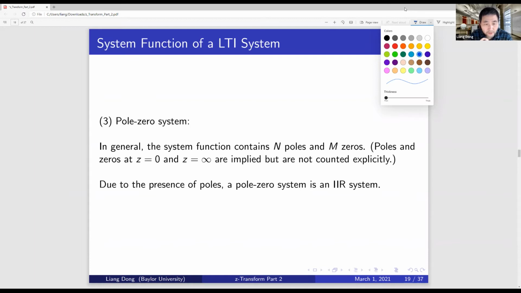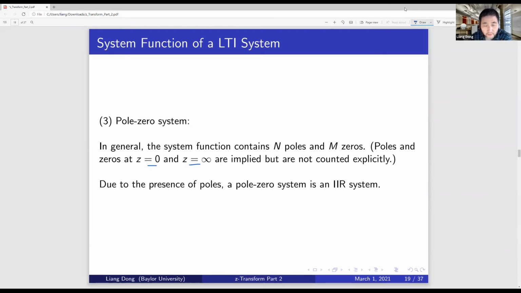Mathematically, I should have exactly the same number of poles and zeros. But I usually don't count the trivial poles and zeros at infinity. Infinity is also one point in the complex plane. Those are implied, but not counted explicitly. Therefore, I have N poles and M zeros, and M can be different.